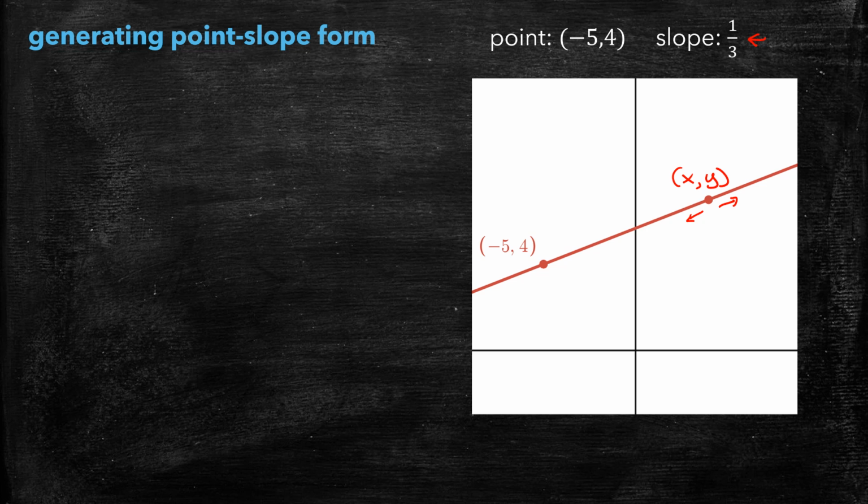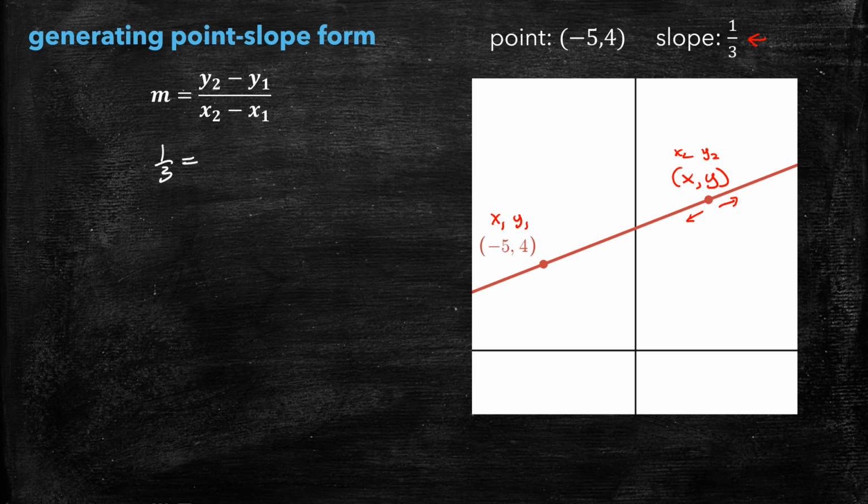And so we're going to take the slope formula and apply it to what we have in this situation. We're going to call this point x1, y1. And this is going to be x2, y2, but we're not putting actual values in for x2, y2. We're just going to call it x, y. So we know that m, the slope, is 1/3. We need it to be 1/3.